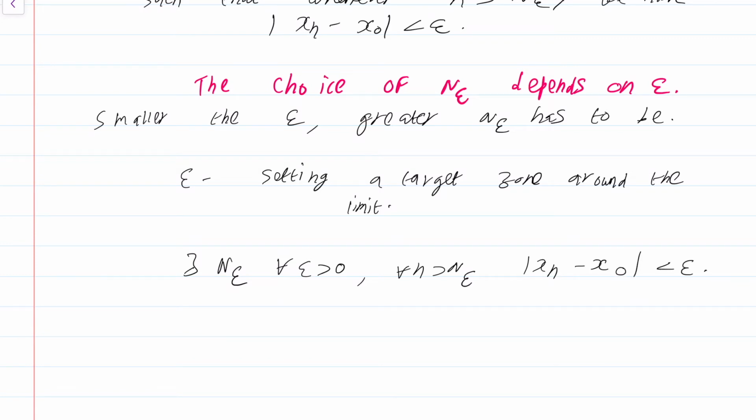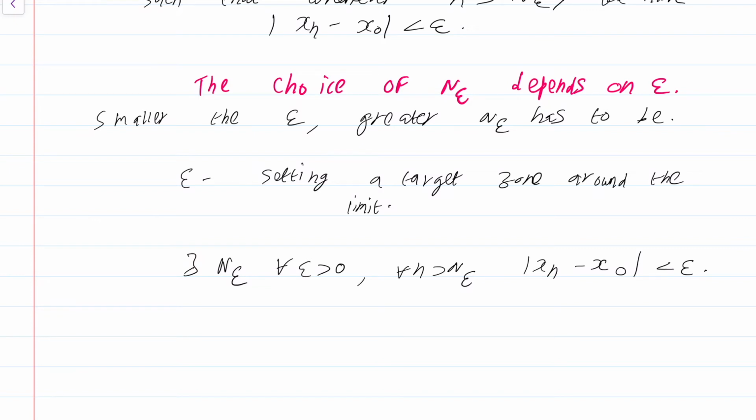Suppose I interchange "for each epsilon greater than 0" and "there exists N_epsilon," writing "there exists N_epsilon for all epsilon greater than 0." So we have the same definition. Things go badly wrong. And this I leave it as an exercise for you.